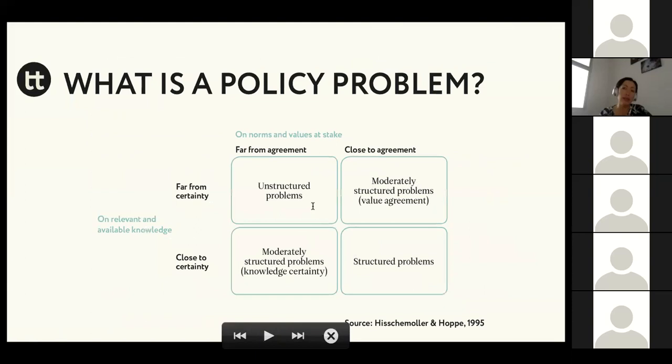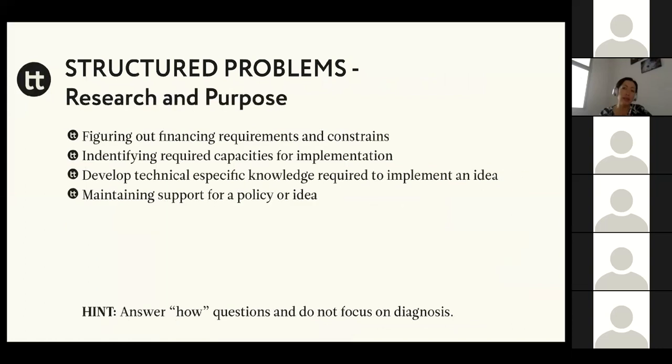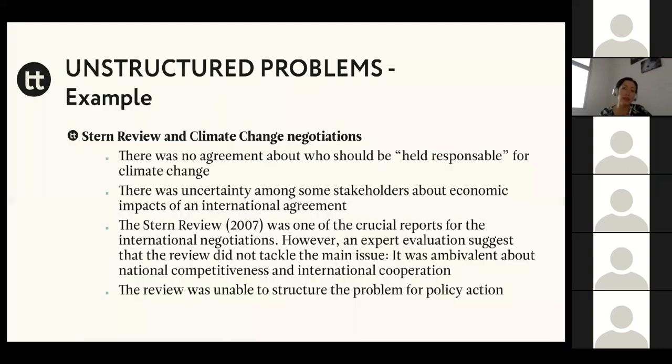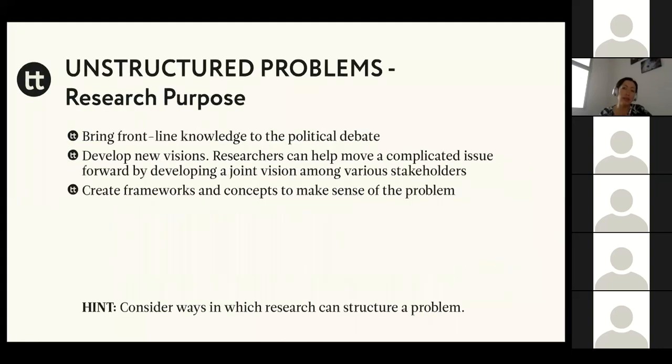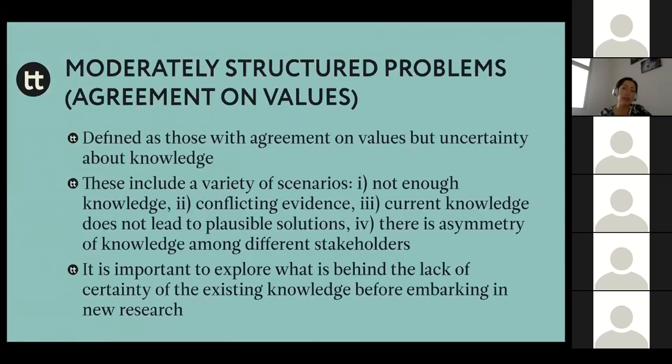And that comes either through achieving more certainty in the type of knowledge and the knowledge that we have on the issue, or also by reaching an agreement about where is it that we want to go with this policy problem. So that is the second type of problem.